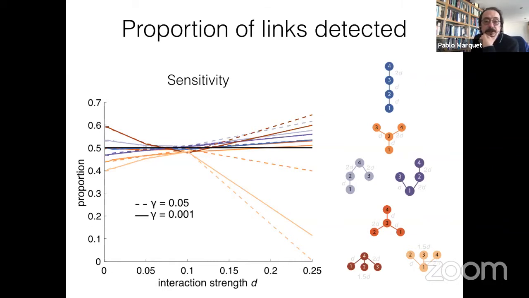You see that this tends to increase as the interaction strength increases for some networks, but for some other networks it does decrease. And here is the difference between the different levels of noise with this gamma factor. So you see that the methods perform with a large variability, but it depends on the kind of network that you are reconstructing and the kind of motif.